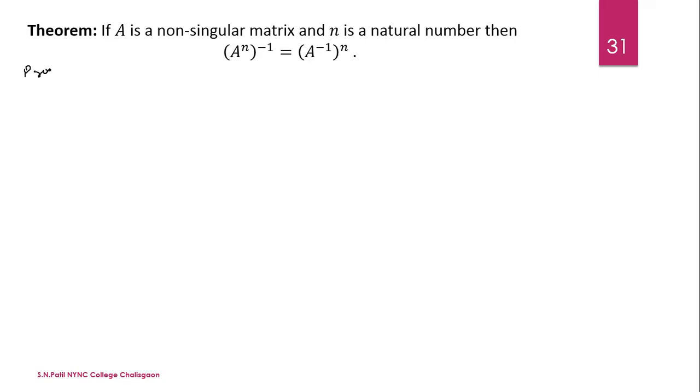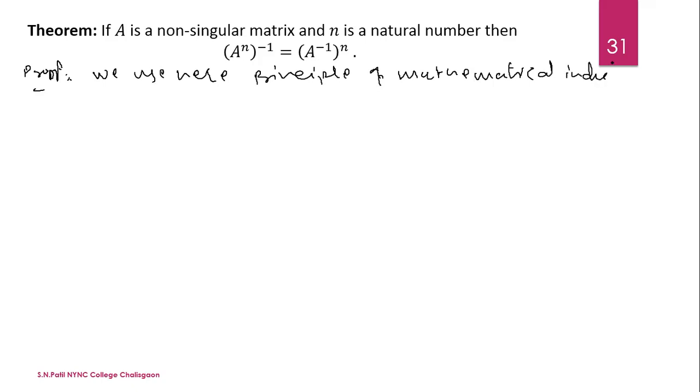Proof. We use here the principle of mathematical induction. So we have the proposition P of n: A raised to n raised to minus 1 is equal to A raised to minus 1 raised to n, where n is a natural number.